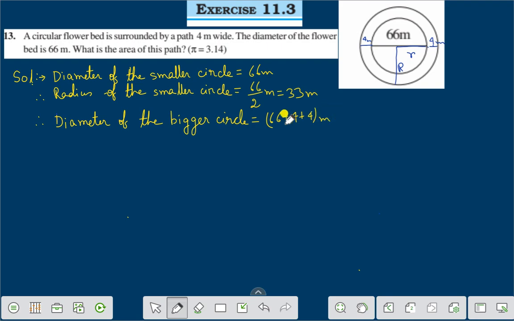That comes to 66 plus 4, 70 plus 4, 74 meter.